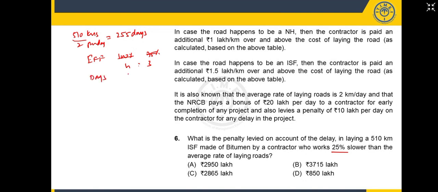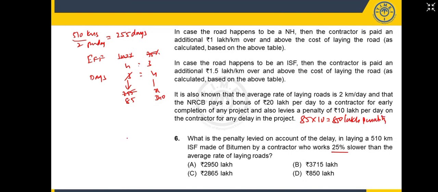Then the days must be 3 is to 4. So normal rate 255. Then what should this be? 255 divided by 3 is 85, times 4. He's taking 340 days. So 255 to 340, that means 85 days extra. So you need to pay a penalty of 85 into 10, 850 lakhs of penalty you need to pay because it's very slow.